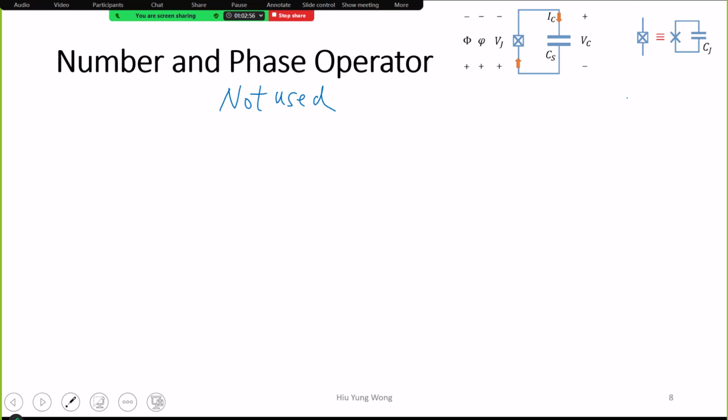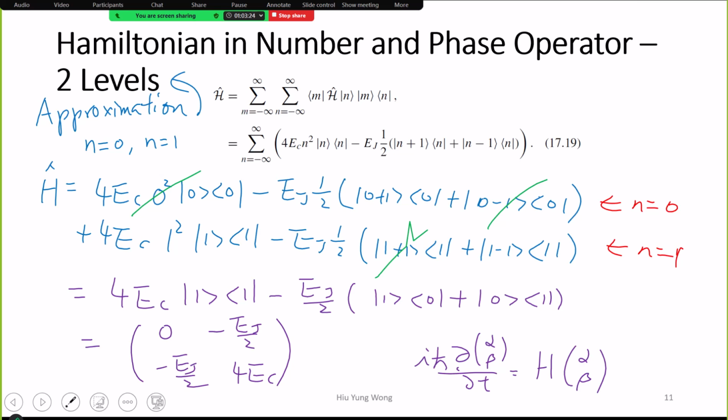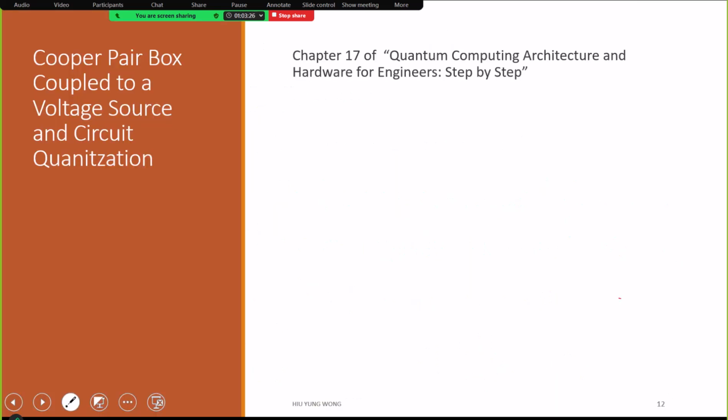And we can have a superposition, right? So these are the basis states. And basically we're playing with the superposition of 0 and 1 extra Cooper pairs. If you use the classroom as an example, I have a superposition of 0 and 1 extra student for this semester, if we can quantize this classroom. So that is what we have done, but we have not solved anything yet.